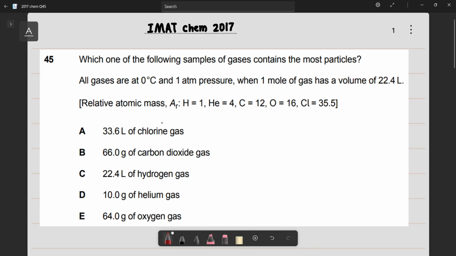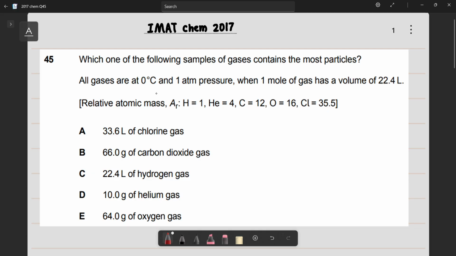Before we solve this question, we have to understand the given data and recall the most important points. It explicitly mentions all the gases are at 0 degrees Celsius and 1 atm pressure, meaning the conditions for this measurement are all constant.